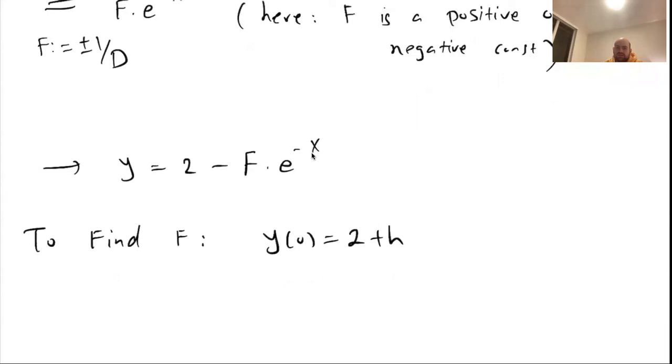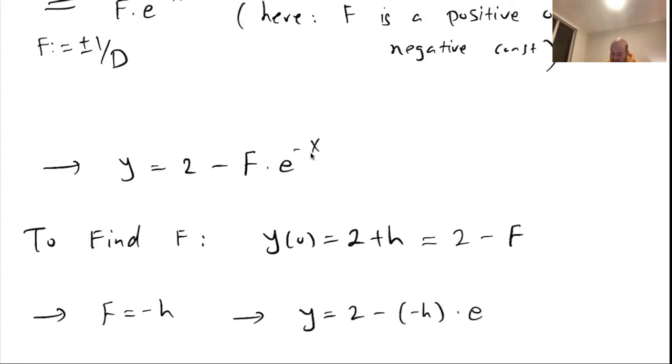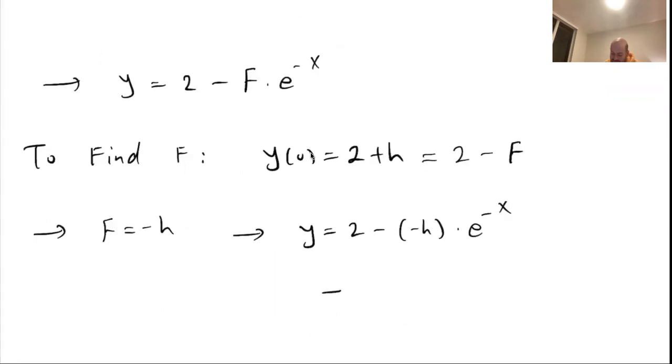So then we'll get 2 minus f. And that gives the value of f to be minus h. So y will be 2 minus h e to power minus x, and that's going to be 2 plus h times e to power minus x.